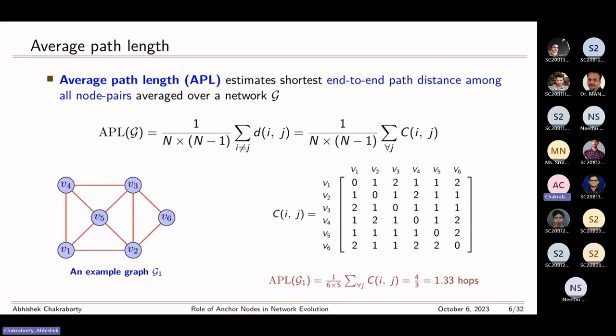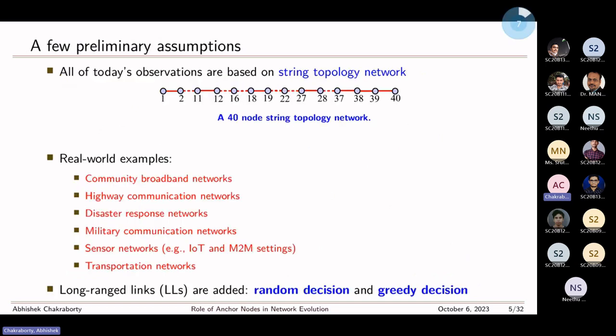Sir, how are you telling that real world networks are mostly string topology? I am not always saying that real world networks are all string topology. That's why you can see here I have given a few examples. Not all the topologies are string, right? Just take even a highway communication network.